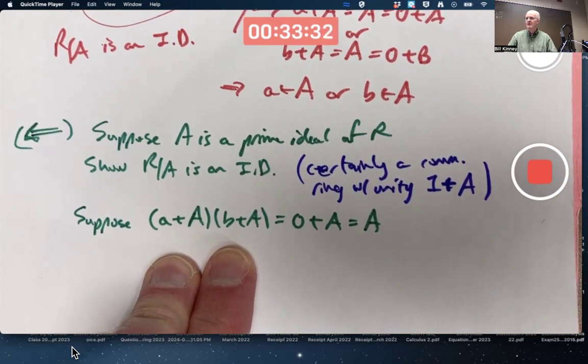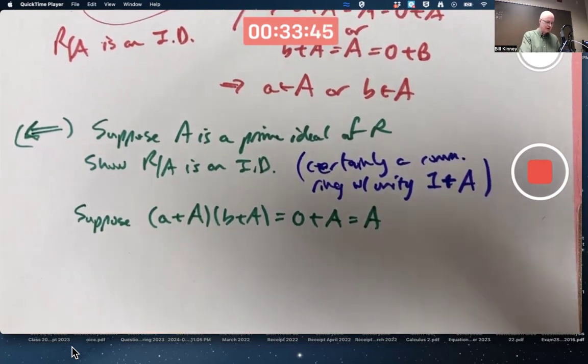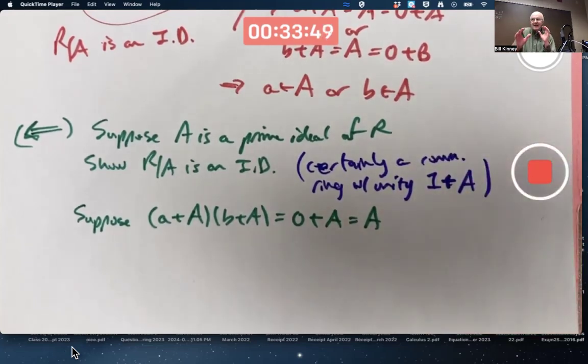The only way for the product of two things to be zero is if one or the other of the elements is zero. That means it's got no zero divisors. That means it's going to be an integral domain. What do we need to use? We need to use the assumption that A is a prime ideal. This should feel at first glance like we're just going to reverse what we did before. And essentially that is the case.